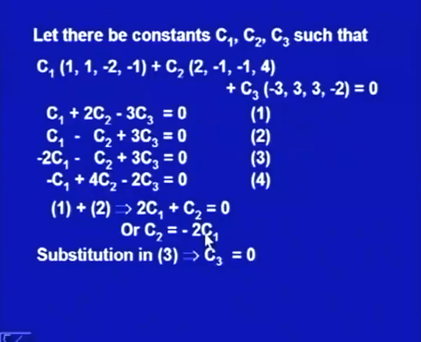Similarly, when we substitute this solution in equation 3, C2 is equal to minus 2C1, so this will get cancelled with this. What we have is simply C3 is equal to 0.